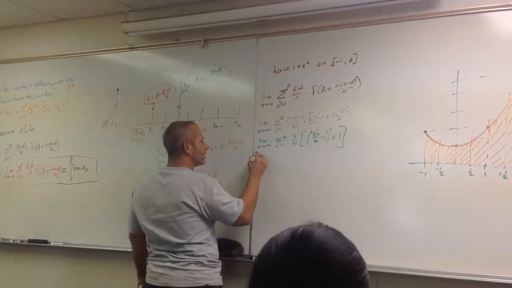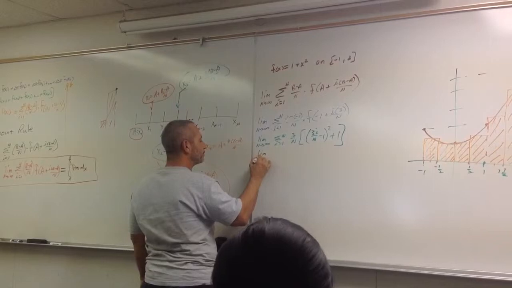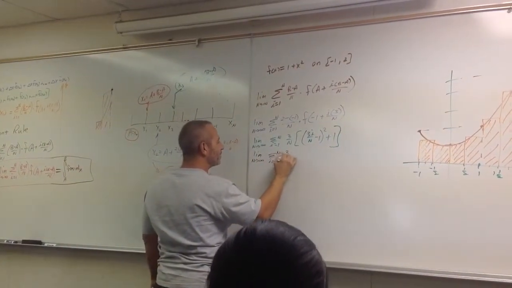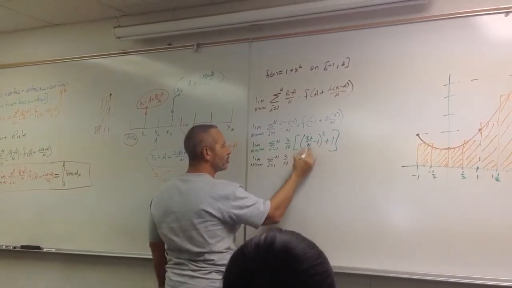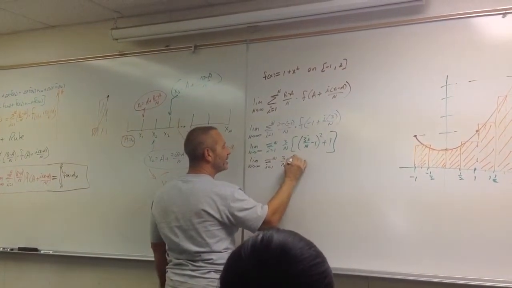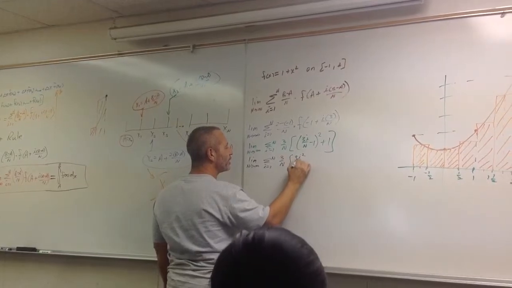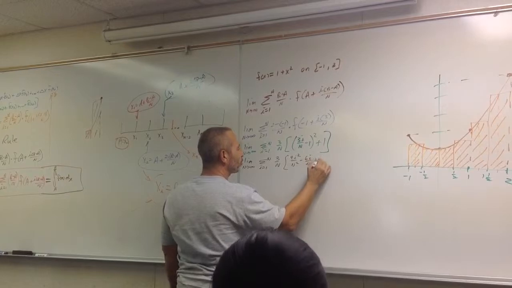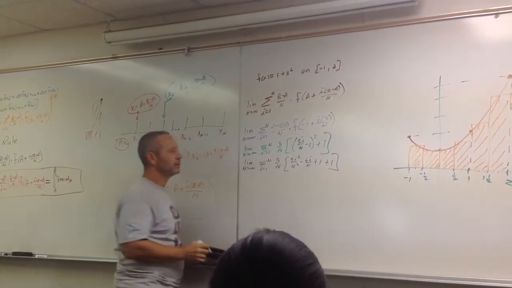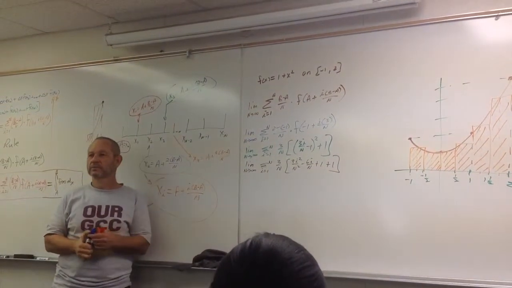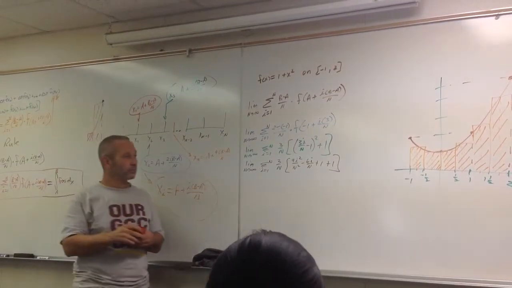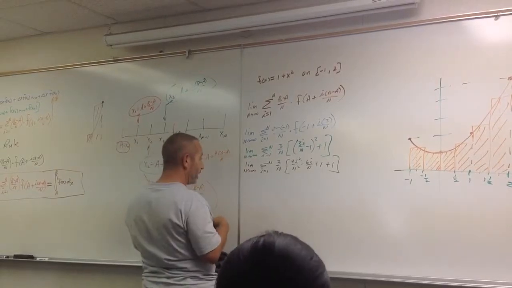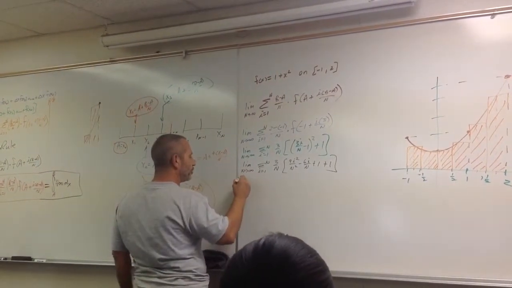This is the limit as n goes to infinity of the sum from i equals 1 to n of 3 over n times. Well, when I square that out, I get 9i squared over n squared minus 6i over n plus 1, plus 1. Which we could simplify and write as the limit as n goes to infinity.